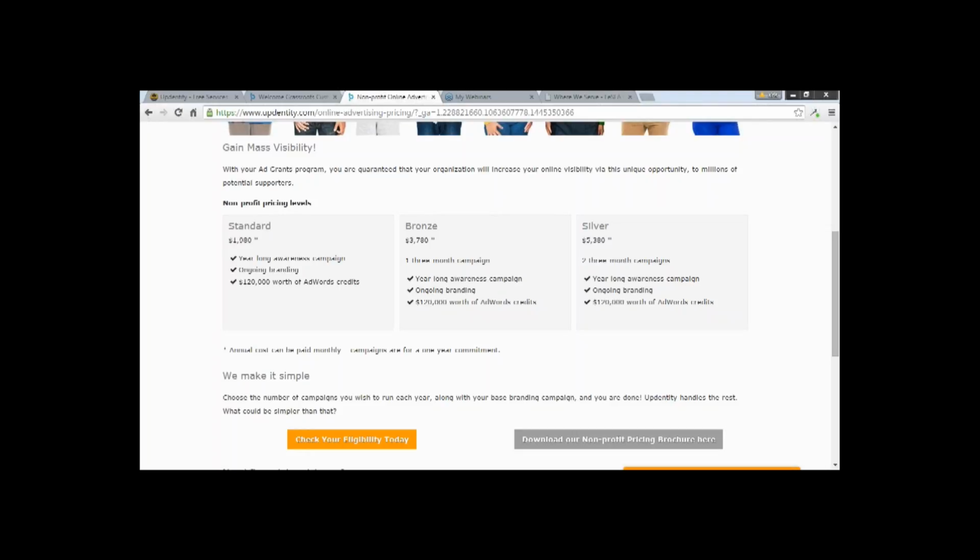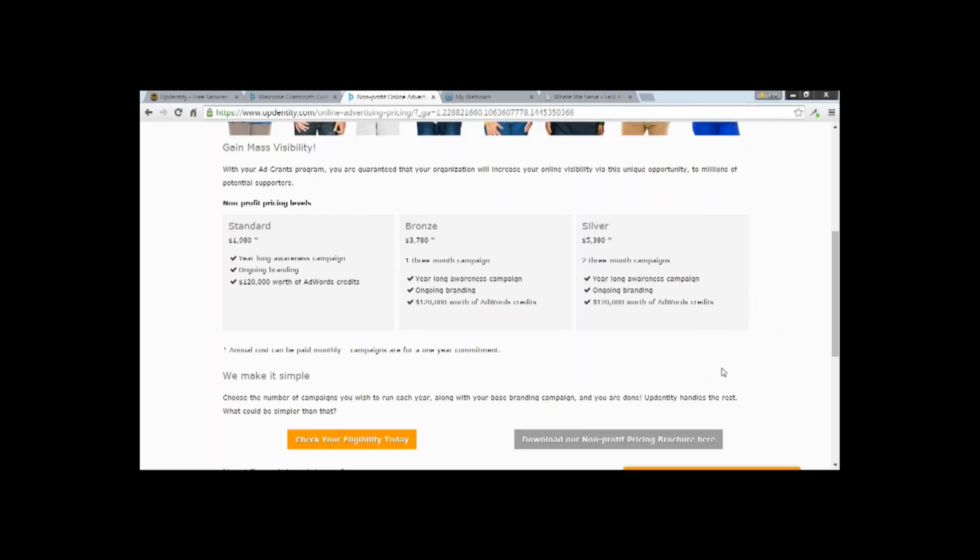And we also have, this would probably be helpful to know too, a money-back guarantee. If for any reason you do not receive the Google grant, we do give you your money back. So we guarantee that you're going to receive the grant. And if you don't, no questions asked, we refund your money.